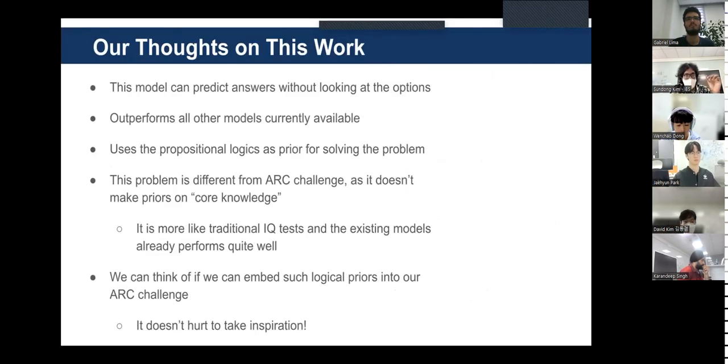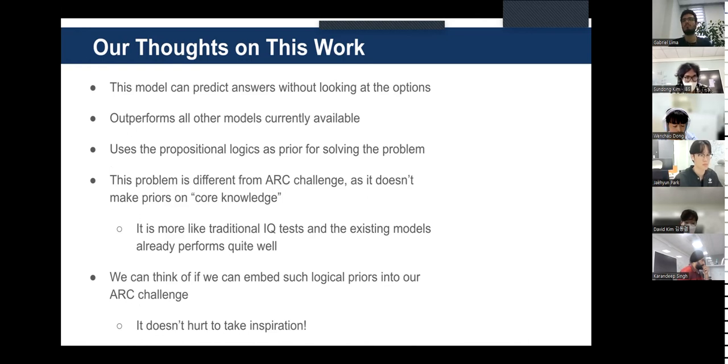And the big thing behind this is that they are trying to use propositional logic as a prior for solving the problem. However, this problem is different from the ARC problem, as it doesn't make priors on the core knowledge. It doesn't use objectness, it doesn't use agentness, it doesn't use the other core knowledge.